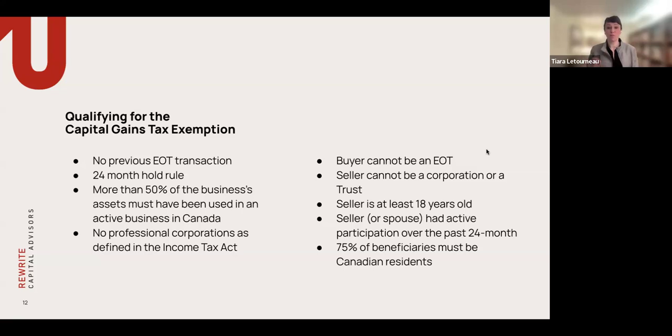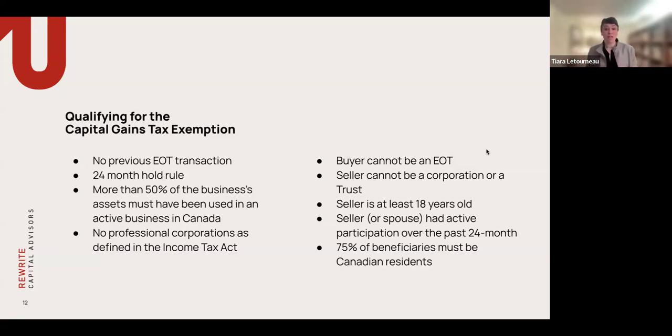We don't know why. We're very sorry about it. The veterinary industry was deeply crushed when this happened because a lot of them were hoping to sell to an EOT instead of to private equity roll-ups. But unfortunately, that remains true. So yes, you can EOT if you're a corporation like that or a company like that, but you cannot get a capital gains tax exemption.